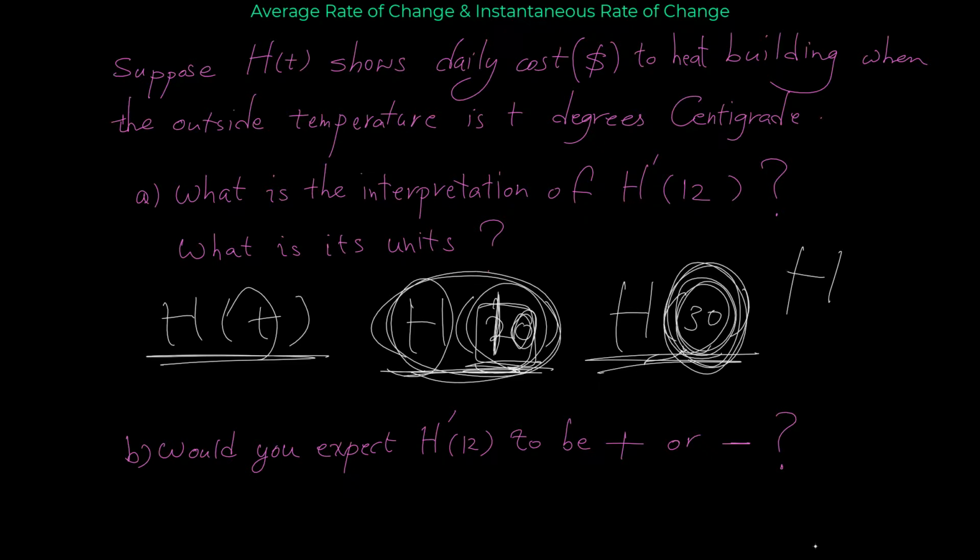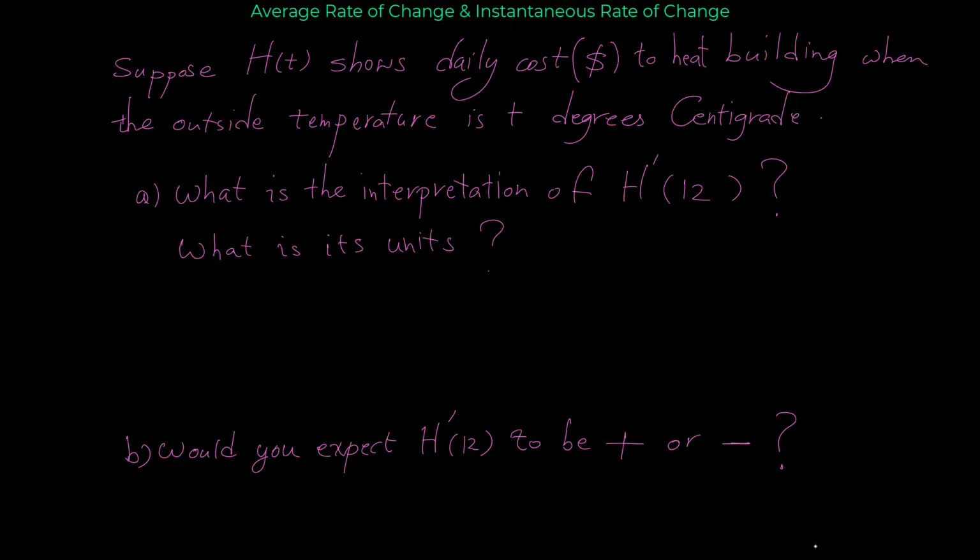And what about h of negative 5? The outside temperature is negative 5 degrees centigrade, so it's cold, and so the heating cost should be probably high. So we have an understanding now from the function h of t.